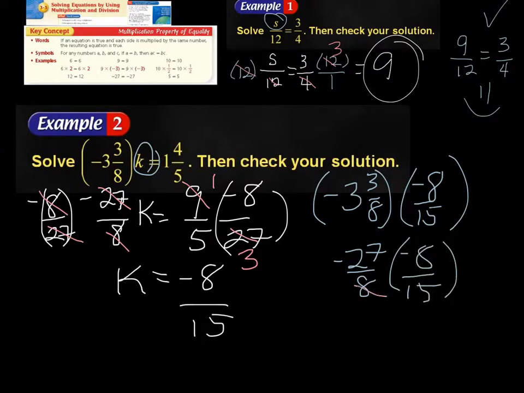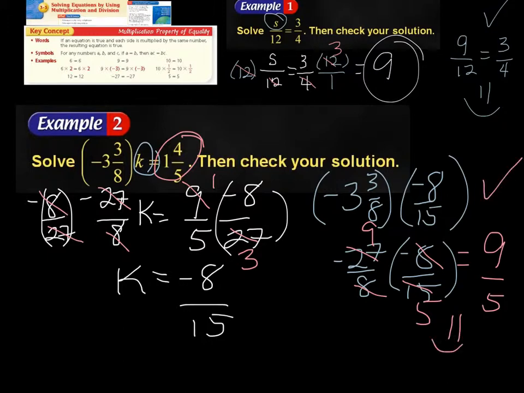And this time when I cancel, and I can divide by 3, I get negative times negative is positive, so I get 9/5, which would be the same as 1 4/5. So my check step worked, and I'm happy. And so I know that -8/15 is the correct solution.